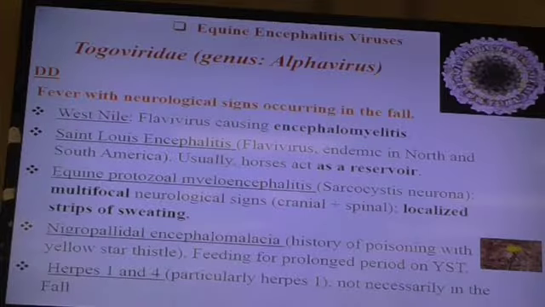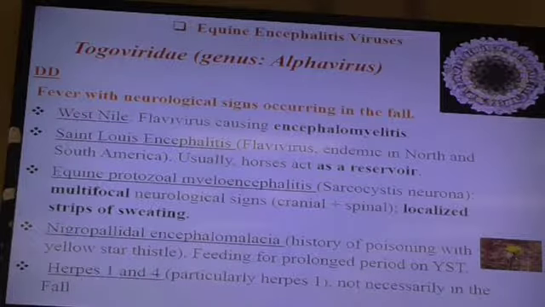Some of them occur in the fall, like West Nile. And that's basically because of the transmission due to mosquito presence.